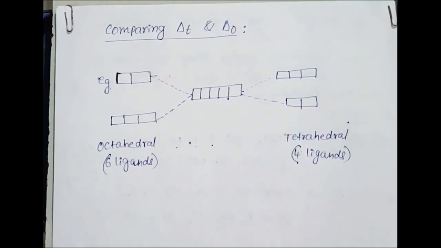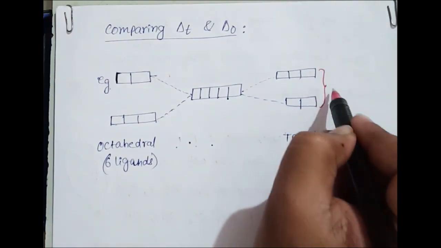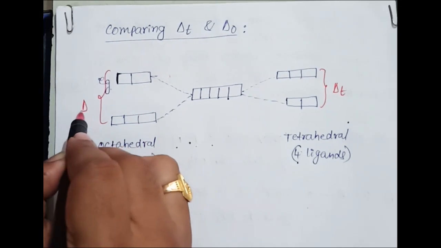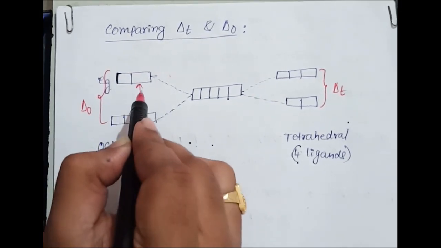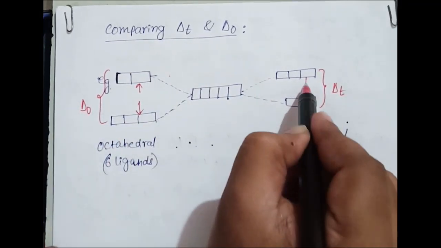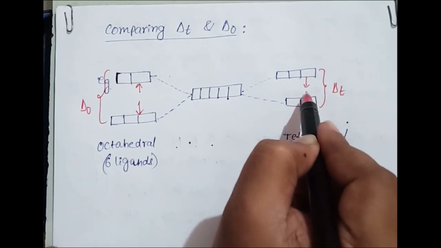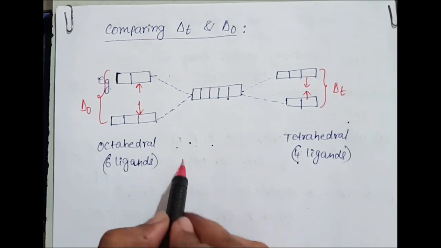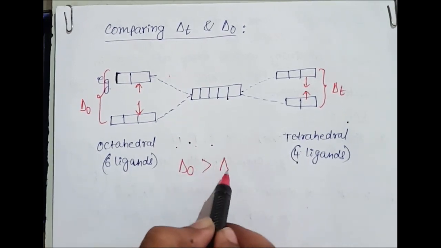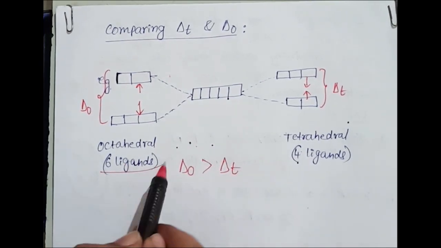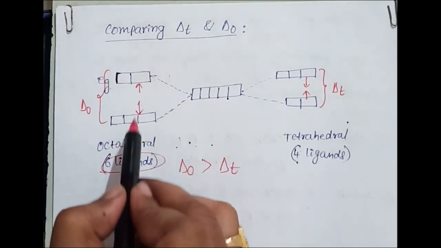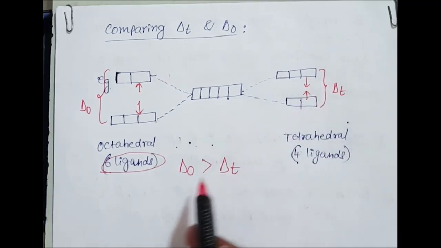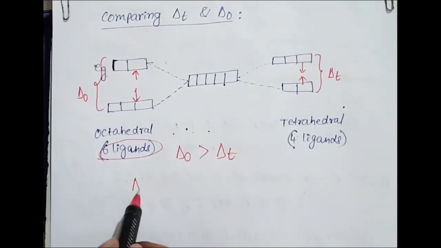This energy gap is del T and this energy gap is del O. So which one is high and which one is less, that you have to see. This is the del T value and this is the del O value, and from this it is very clear del O is greater than del T, because here 6 ligands are coming, which create more repulsions, whereas 4 ligands create less repulsions.